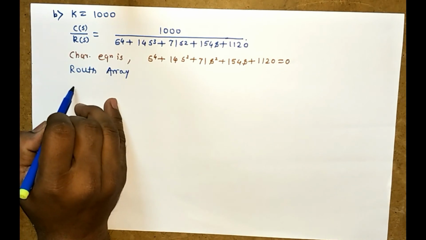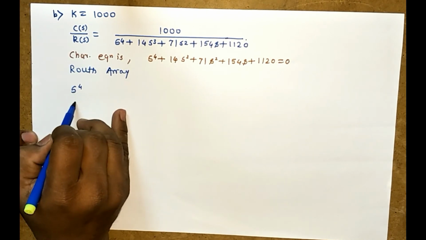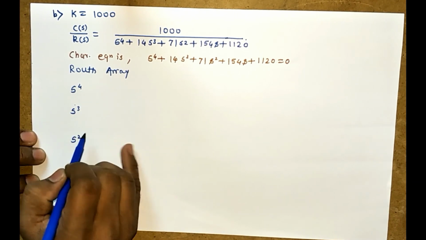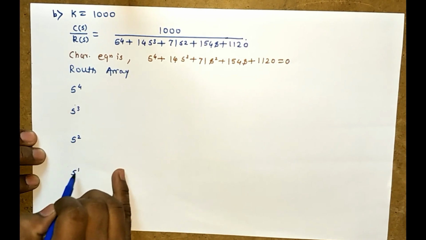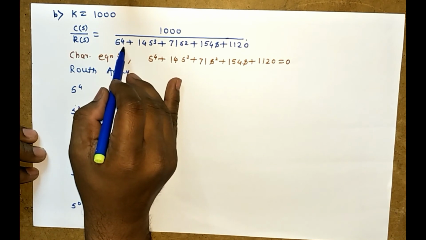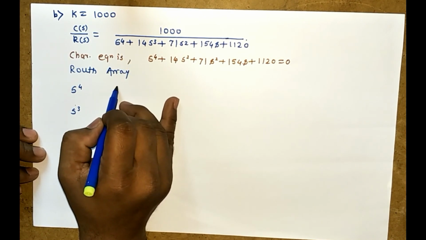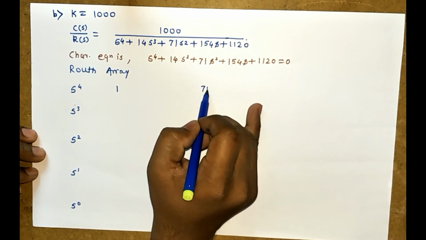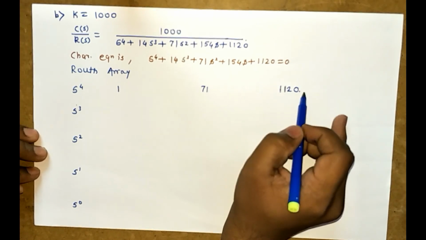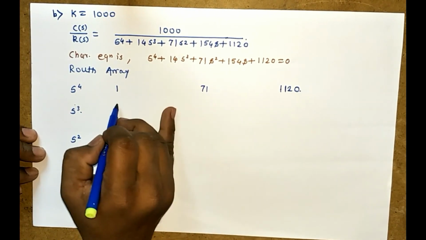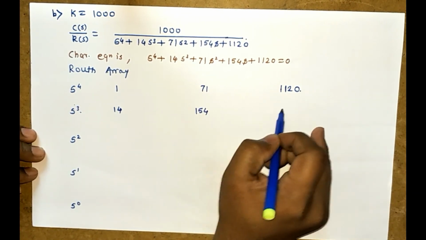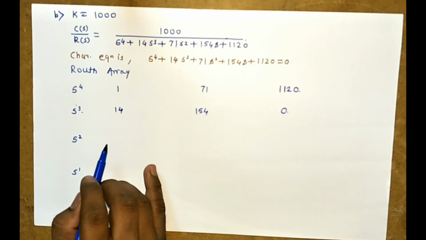S to the power 4, s to the power 3, s to the power 2, s to the power 1, and the last row is s to the power 0. So note down the coefficients of S4, skip one term, again skip one term, that is here 1120. Coefficient of S cube is 14. This is the first and second row.